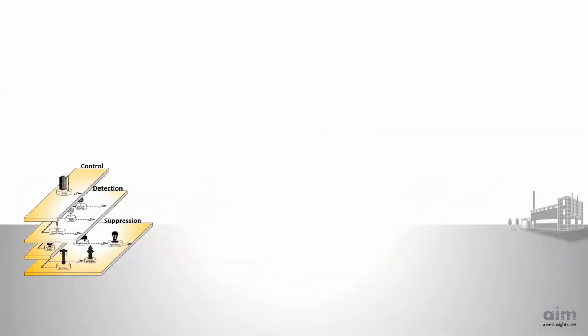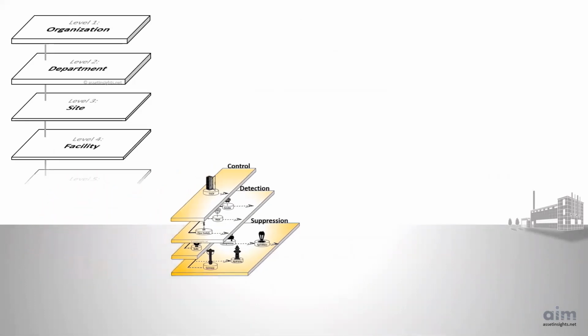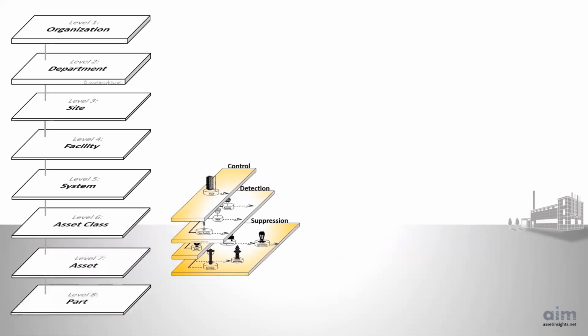So where does the organization fit into this? The asset hierarchy should align with the organization's departments and sites. These represent the highest levels of the hierarchy. The lower levels capture the tangible physical assets, such as buildings, mechanical and electrical systems, and their individual components.